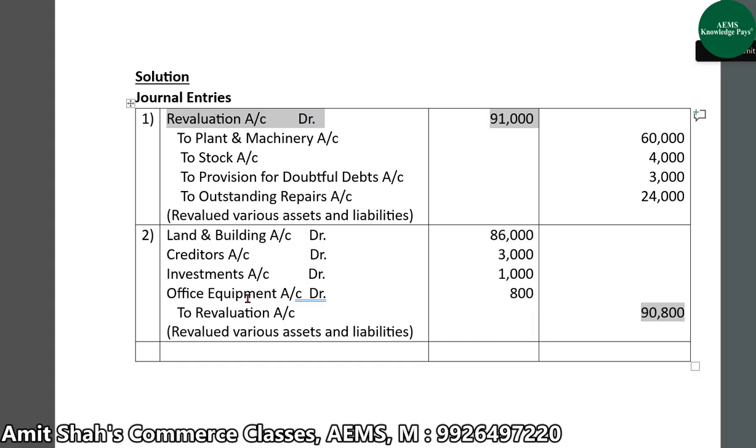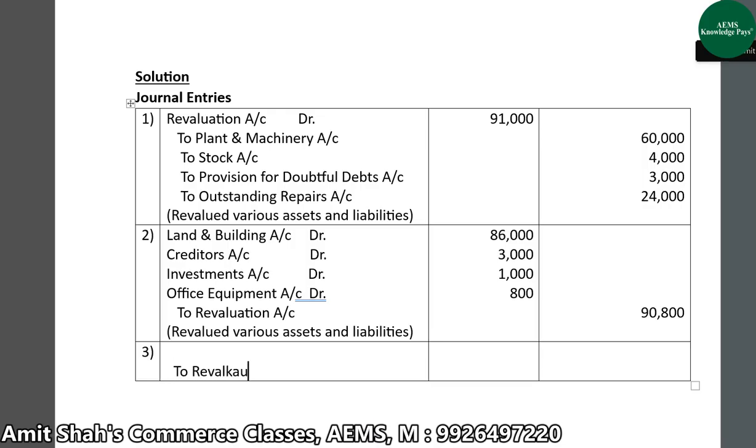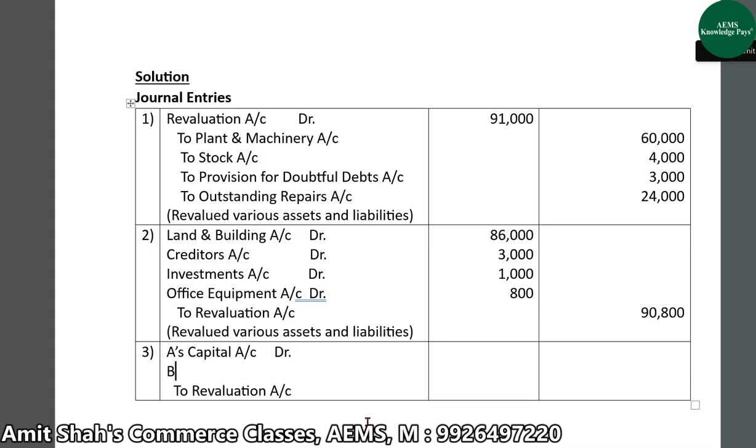Since the debit side of revaluation account is more than its credit side, to close revaluation account, we need to credit revaluation account with rupees 200 so that both the sides become equal. And this amount denotes net loss upon revaluation, and that loss is to be borne by the old partners A and B in their old profit sharing ratio.